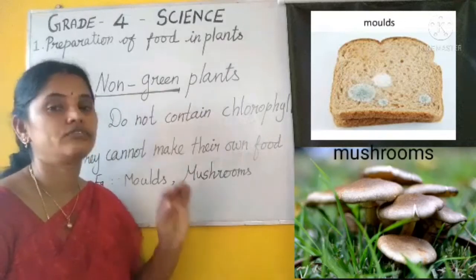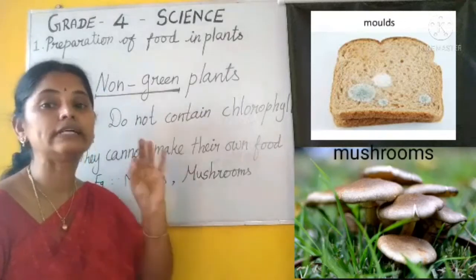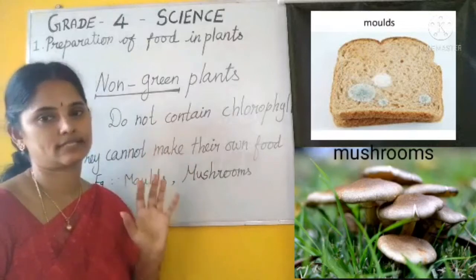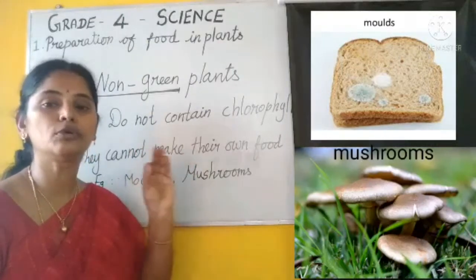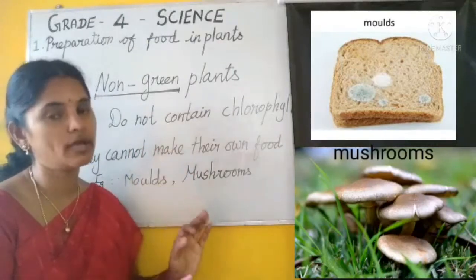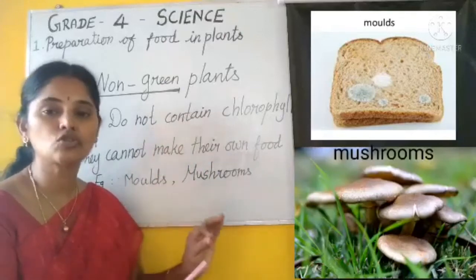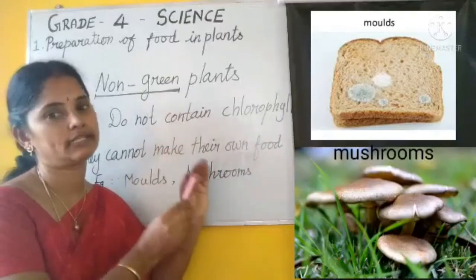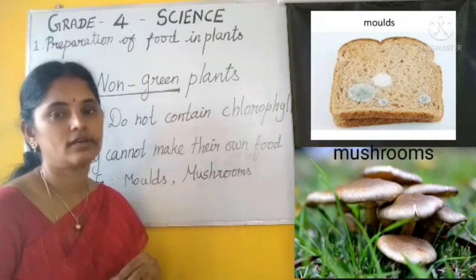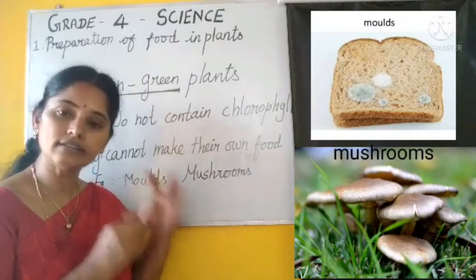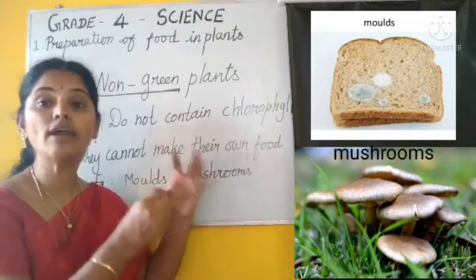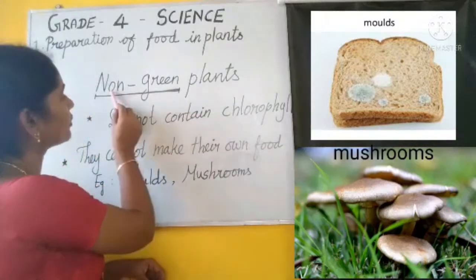Look, children, so far we have seen green plants. Green plants are able to prepare their own food because of the presence of chlorophyll in their leaves. But in this world, some non-green plants are also there.